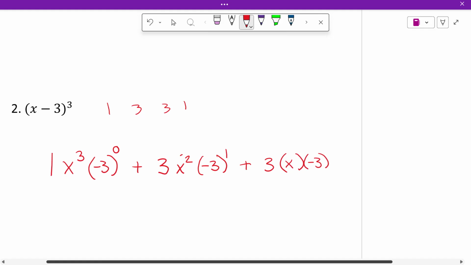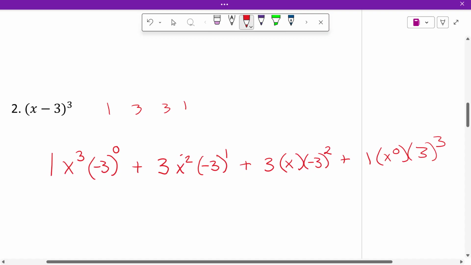Negative 3 is going to be to the second power. Plus 1. x is going to be to the 0. It's not a y on this problem. Negative 3 is going to be to the third power. Okay? So simplify.